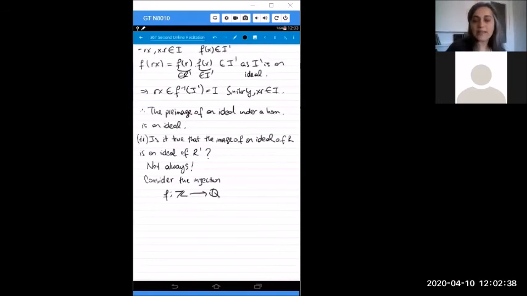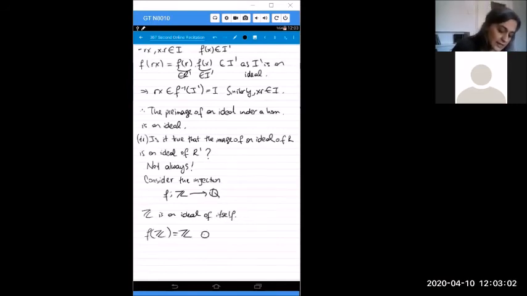And injection means that you're just taking an integer to an integer in Q. But here, for example, Z is an ideal of itself, right? Now, F of Z is nothing but Z, right?